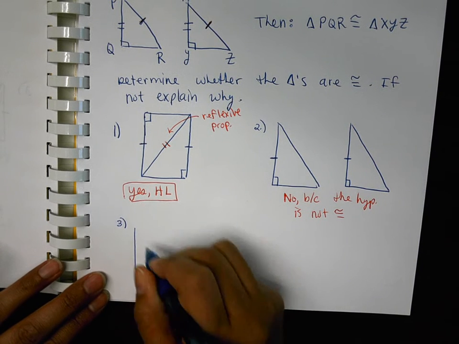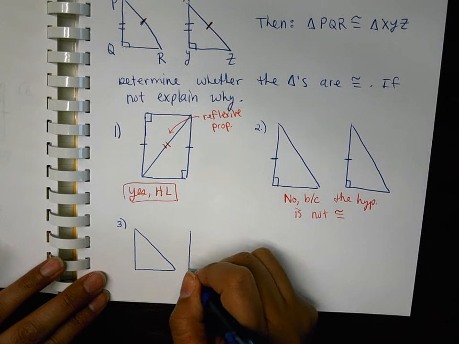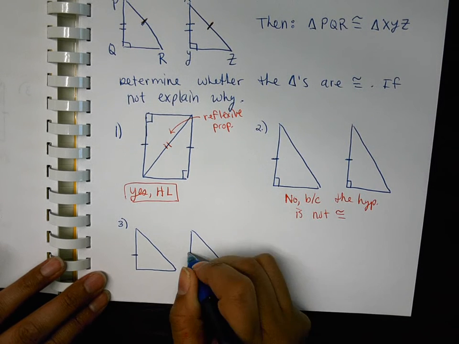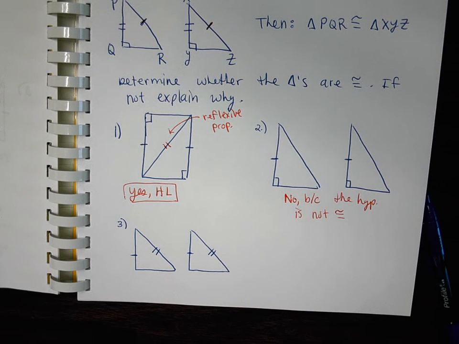Number 3. Nope, it's not HL. Is this a yes because they gave us the hypotenuse and the leg?